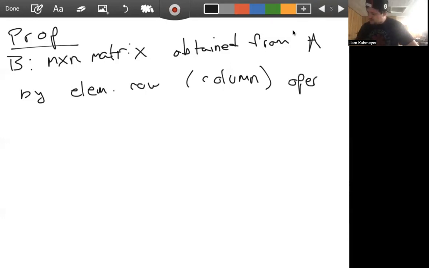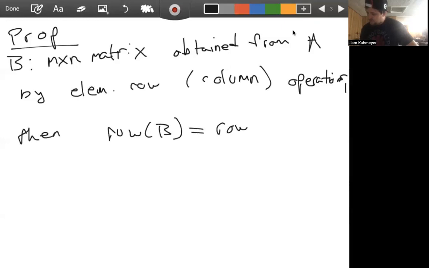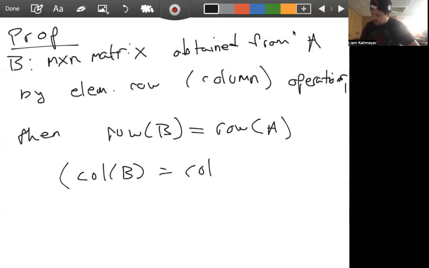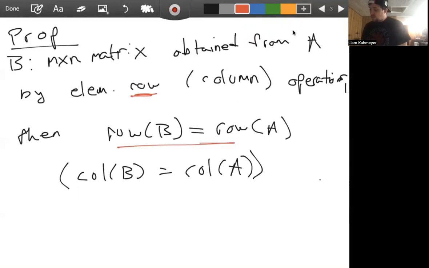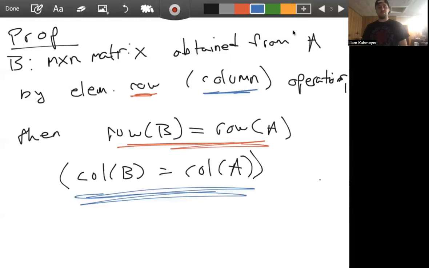Then the row space of B is equal to the row space of A. Or if you did column operations, the column space of B would be the same as the column space of A. This is respectively: if you do row operations, your row space is preserved, and if you do column operations, your column space is preserved.